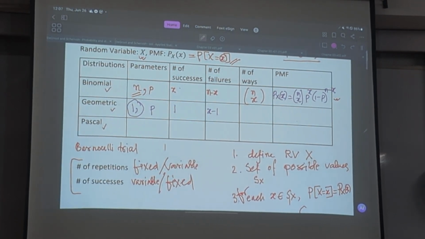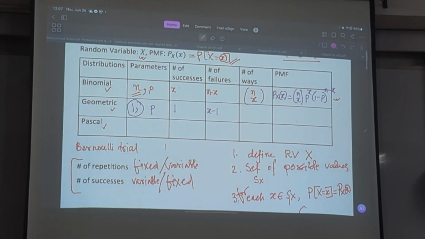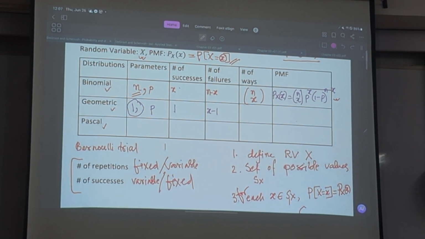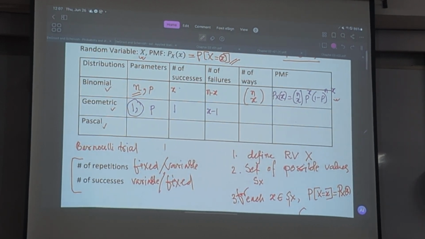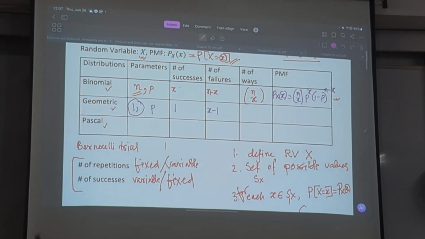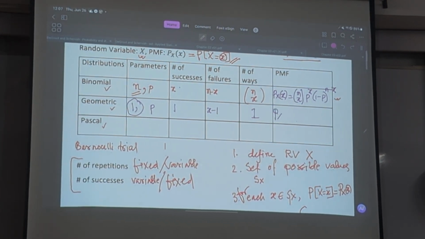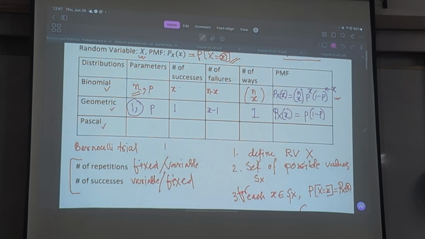So if you consider the success is the upward direction and failure is the horizontal direction, you will have a success only when you go in the upward direction. Right? And so for this value of x, there is a single path. And that's why the number of ways is 1 and the PMF of x will be p times 1 minus p to the power x minus 1.